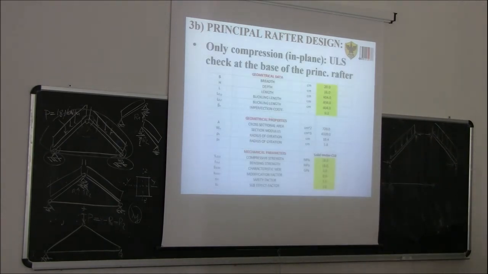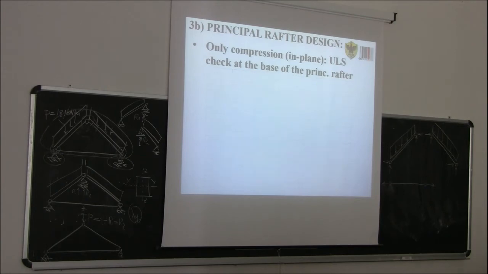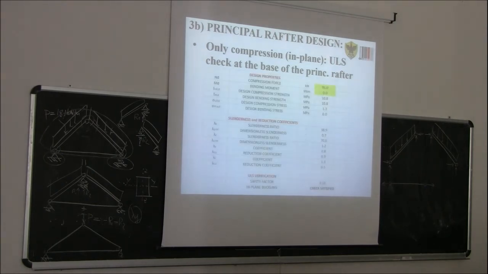Then we need to do again the same check at the base of the rafter, where we have the maximum compression and no bending. In this case, you see the safety factor is much lower, so 0.13.